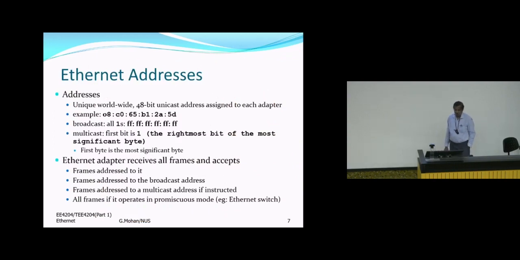Now let's quickly look at the Ethernet addresses. An Ethernet address is basically a 48-bit address, or 6-byte address. So you can check your hardware address, right? On any system, your computer or tab or phone or anything. If it has an Ethernet adapter, if you can connect to Ethernet, then you can find the Ethernet address.